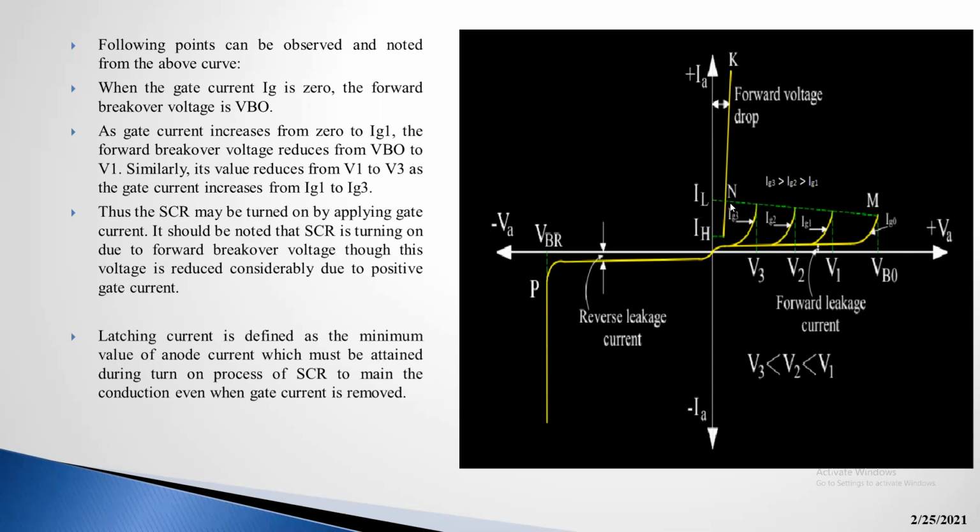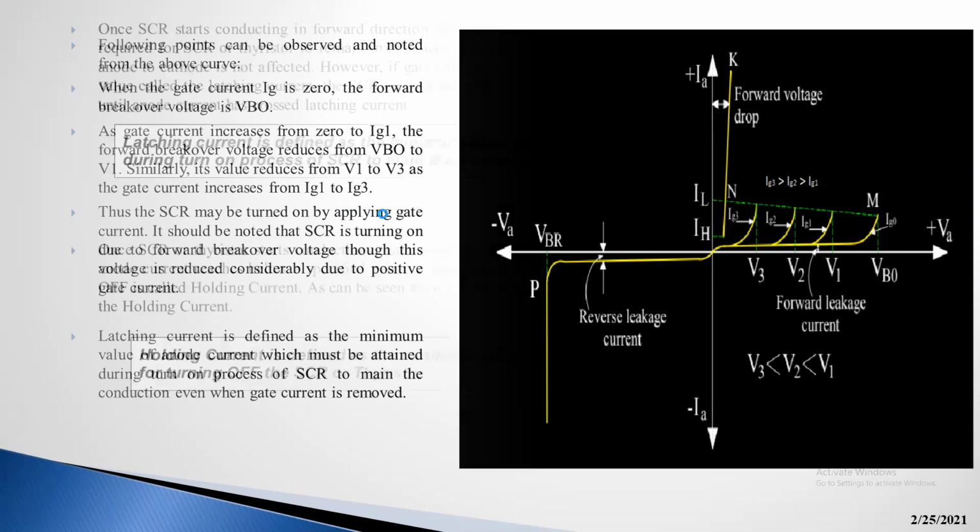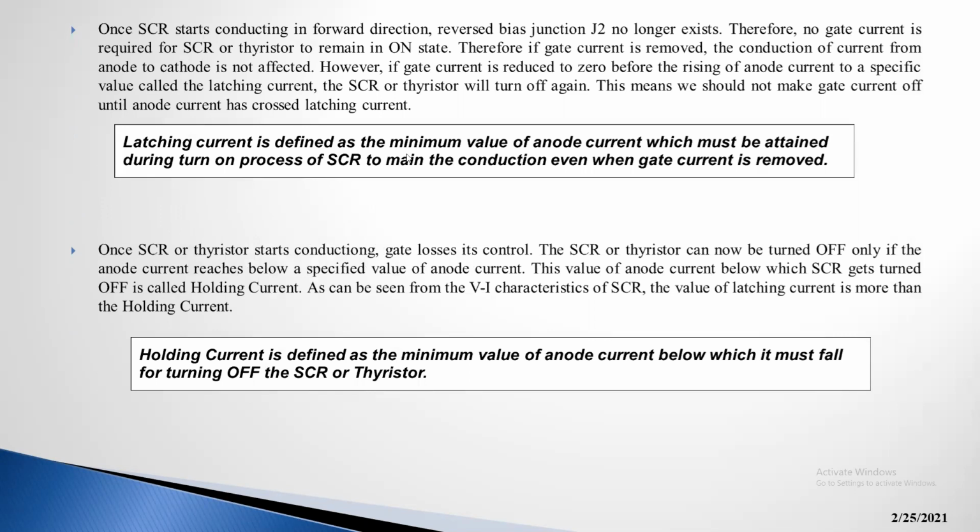Next, holding current. Here we have given the definitions. Latching current is defined as the minimum value of the anode current which must be attained during the turn-on process of the SCR to maintain the conduction even when the gate current is removed.